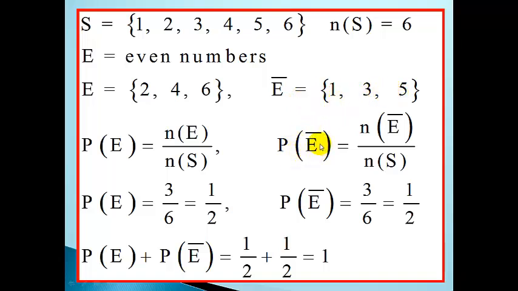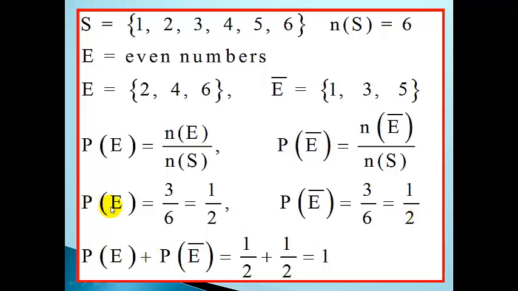So the probability of E bar, not even numbers, will be equal to the number of not even numbers divided by the number of the sample space. That is 3 over 6, which is equal to 1 over 2.